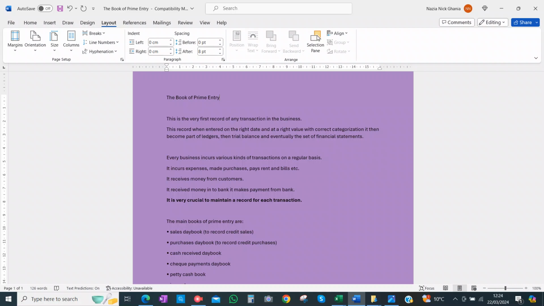What is the nature of paying a utility bill? A utility bill goes to your heat and light. What is the nature of the rent that you pay? It goes to a rent column.